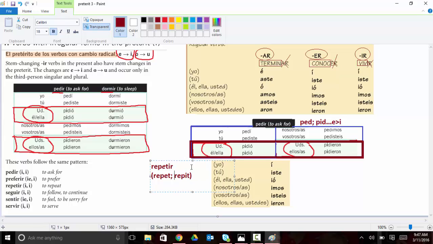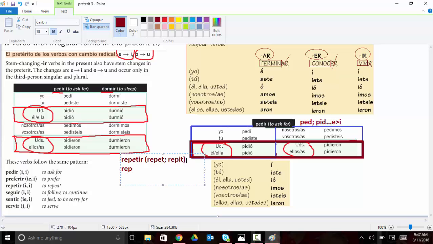We would use repet, the regular stem, with every subject pronoun except for él, ella, usted, and ellos, ellas, ustedes, where we would use repit. So this is what repetir would look like.